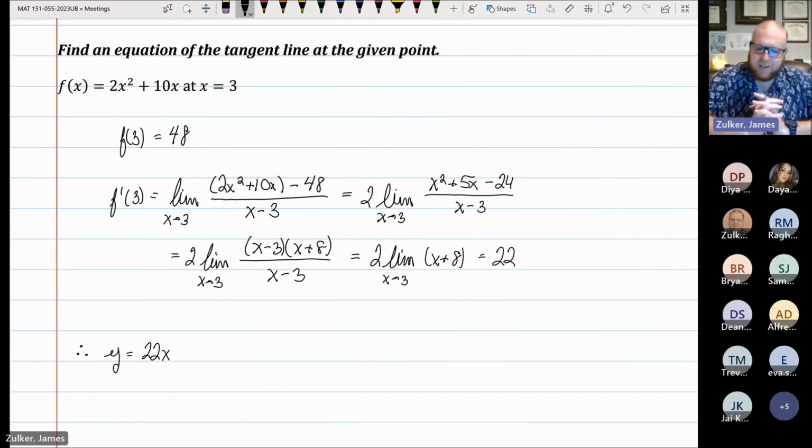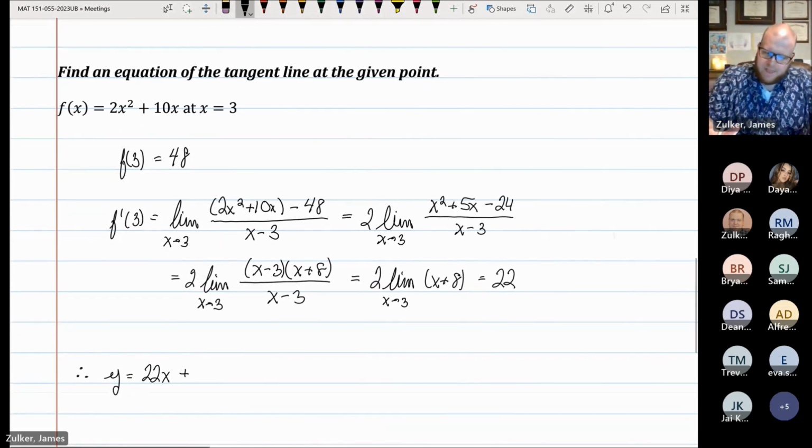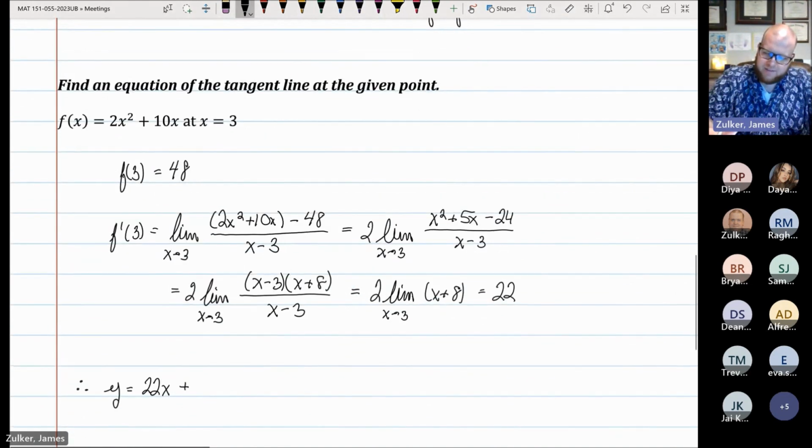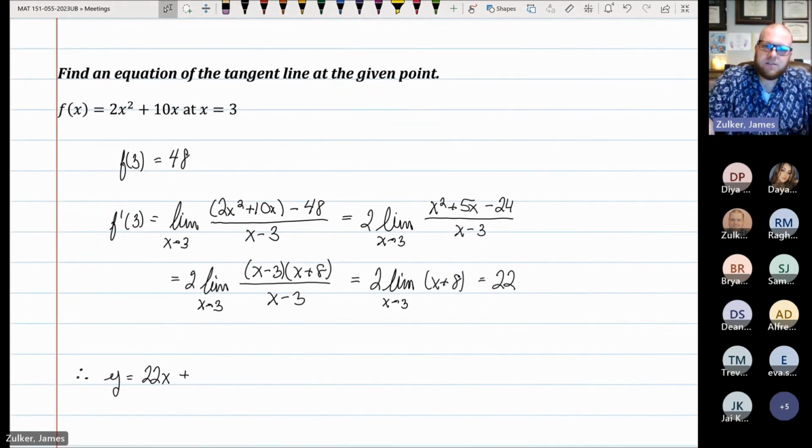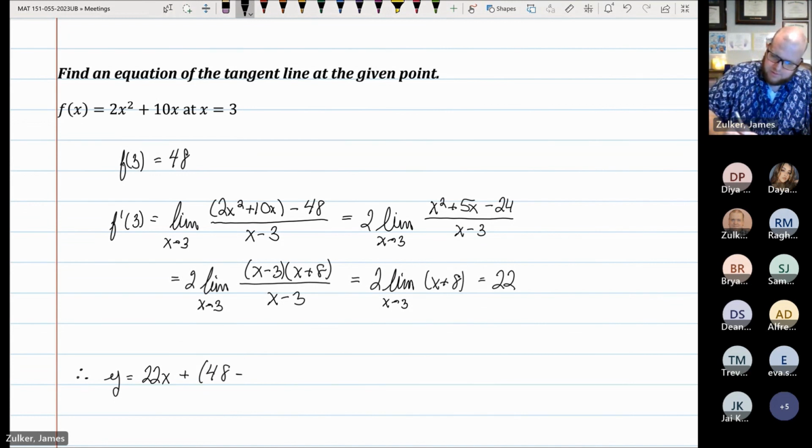The tangent line would be 22x plus f of a, which is 48, minus three times f prime.